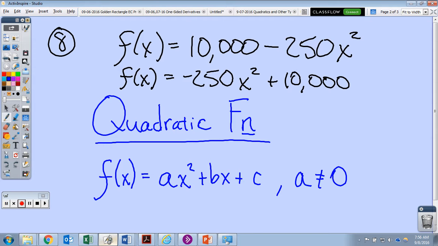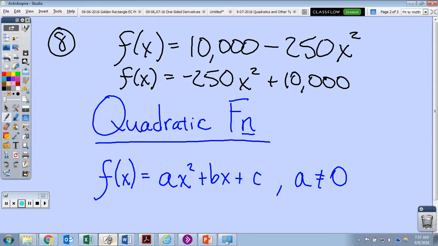It just fits this model, ax squared plus bx plus c. Now, notice that a can't equal 0, because what kind of function would we have if a were 0 for this guy? Yes? Is it absolute value? No. Absolute value is always going to have the absolute value bars. They have to. That's the symbol that is used for absolute value.